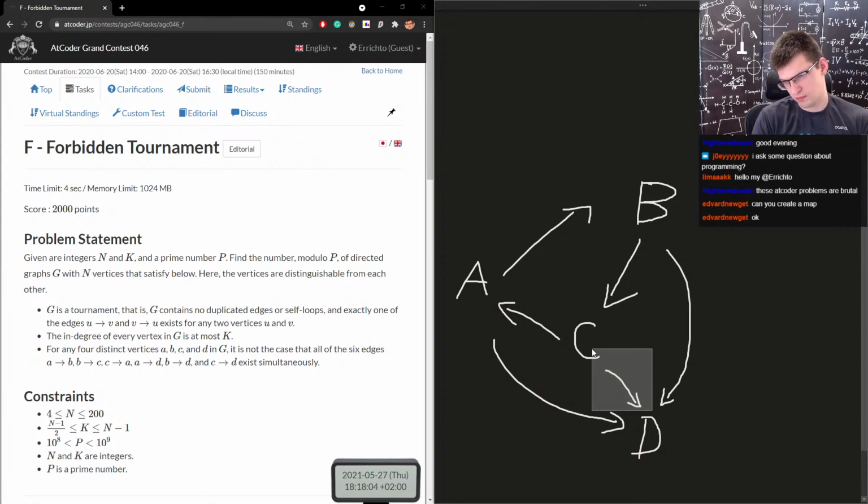Do I? Oh, I do get one. ACD. If I reverse only one of those edges, then I will get another triangle. I can reverse 2 edges. Or all 3 of them.